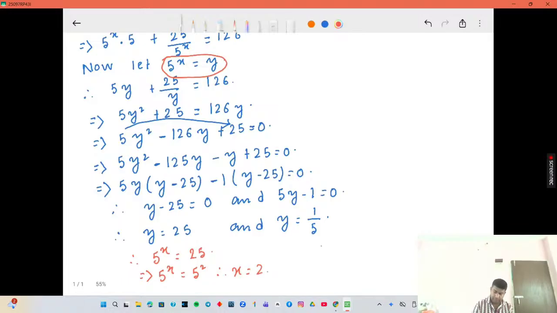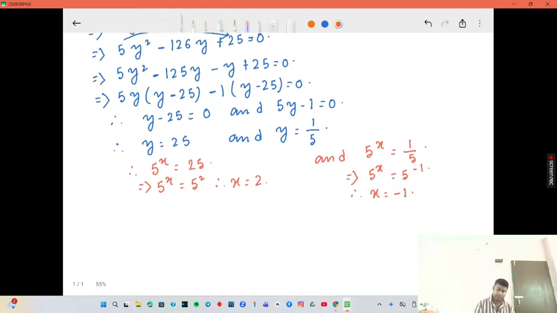And 5 to the power x is equal to 1 by 5. So 5 to the power x is equal to 5 to the power minus 1. Therefore, x is equal to minus 1. So, here we can see that the roots of this given equation are 2 and minus 1 respectively.